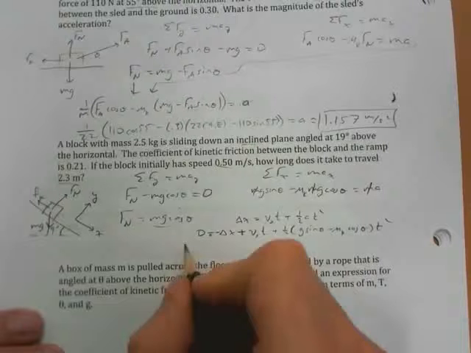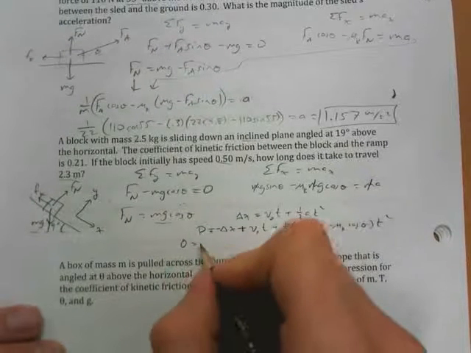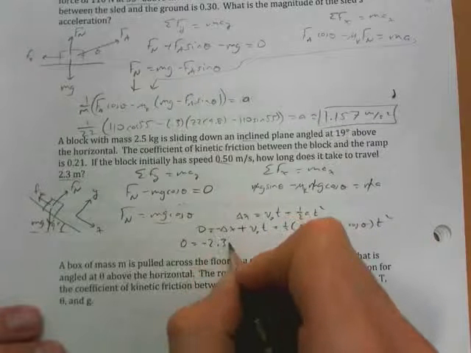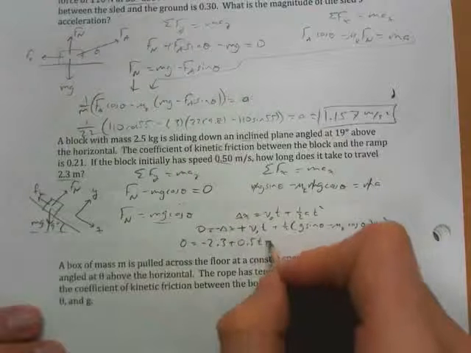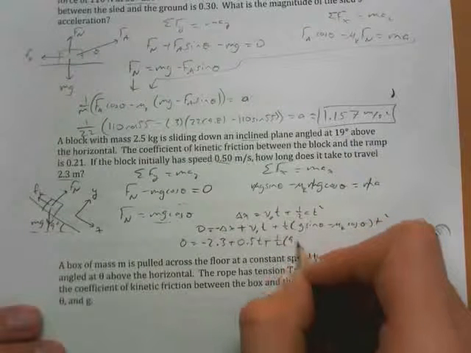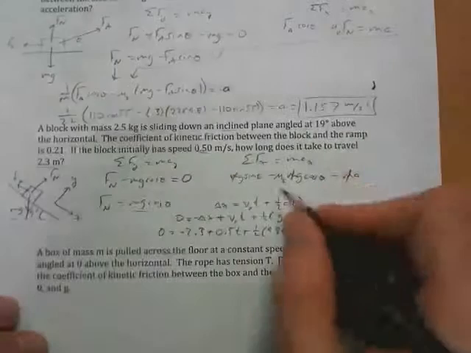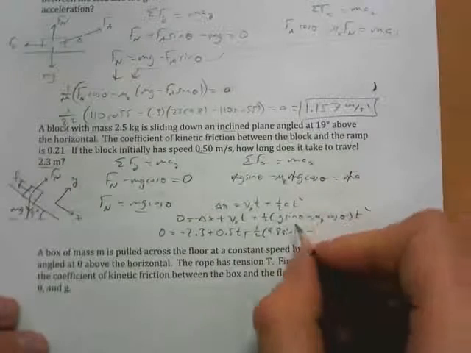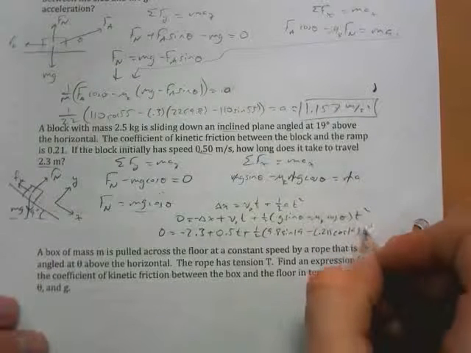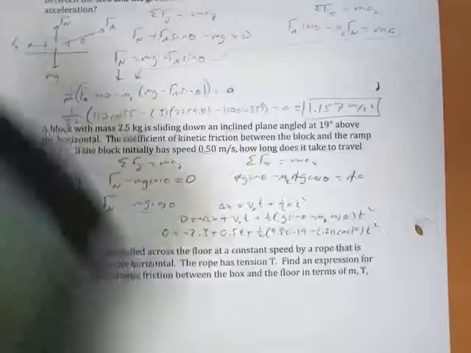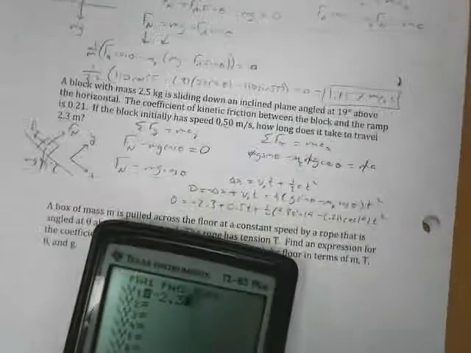So then into our calculators we can type in 0 equals negative 2.3 plus 0.5t plus 1/2 9.8 sine 19 minus mu k, which is 0.21 cosine 19 t squared. Stick that in our graph, and we can find the amount of time it takes.